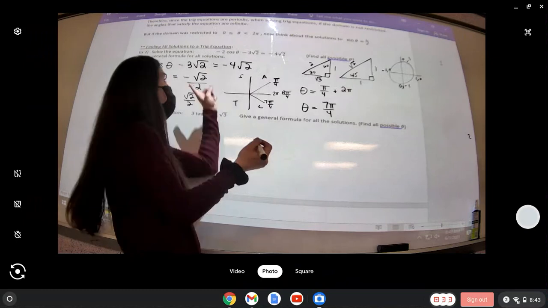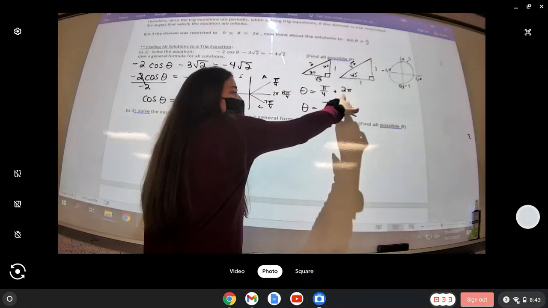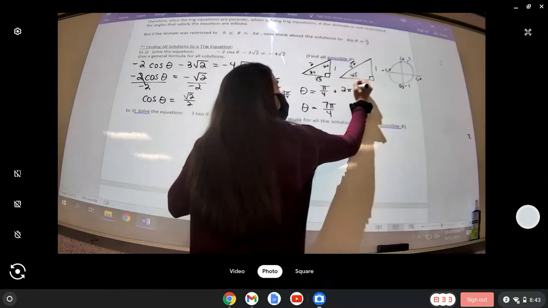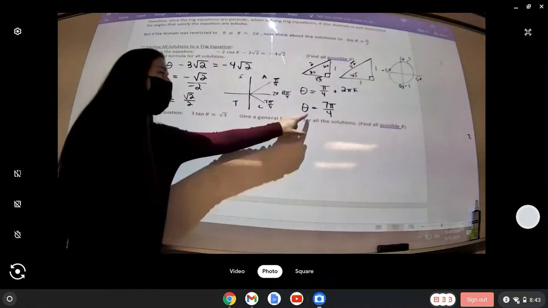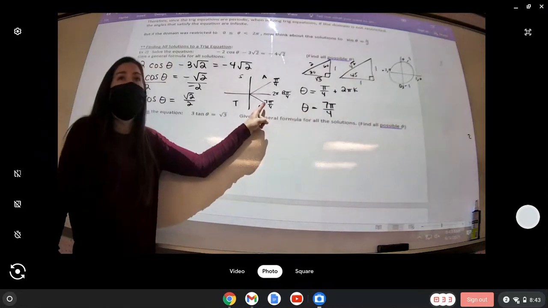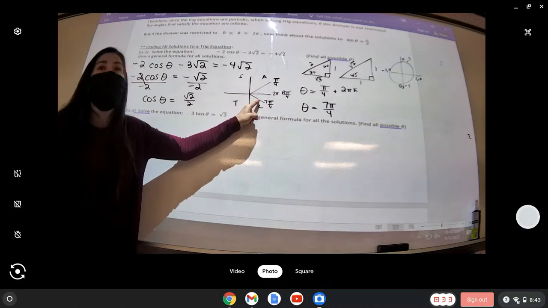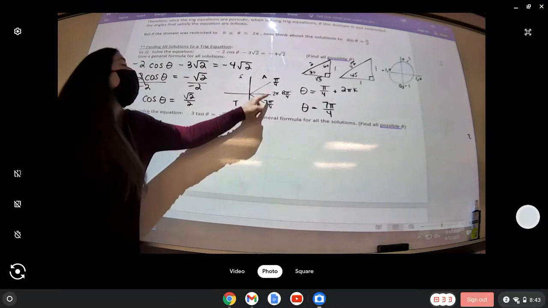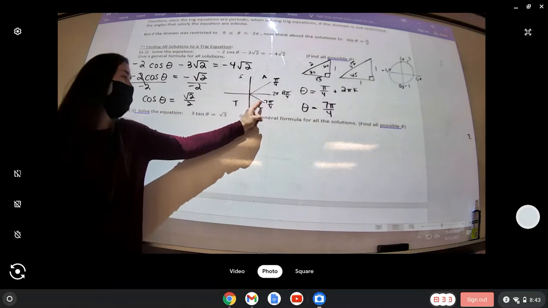So we would write the general formula as pi over 4 as an answer, and then any angle 1 period away from it, times k revolutions. And the same thing here. 7 pi over 4 is definitely an answer to this equation. You rotate all the way around again and land in the same spot, that's another solution. You rotate all the way around again and land in the exact same spot, that's another solution.